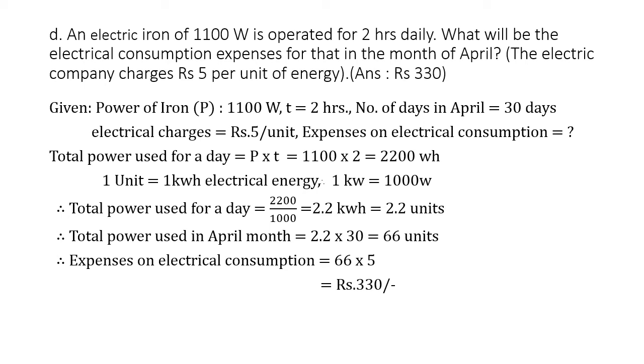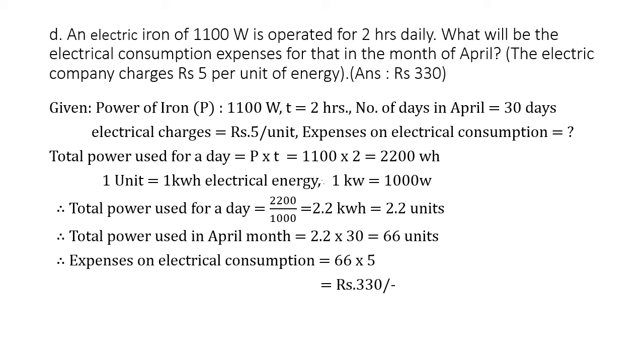Based on how many units of electricity you use, you will be charged. So the rate per unit of energy is 5 rupees. Okay, let's move on. What is given: power of the iron is 1100 watt. Time the iron is operated is 2 hours. Number of days in April is equal to how many days are there in April?